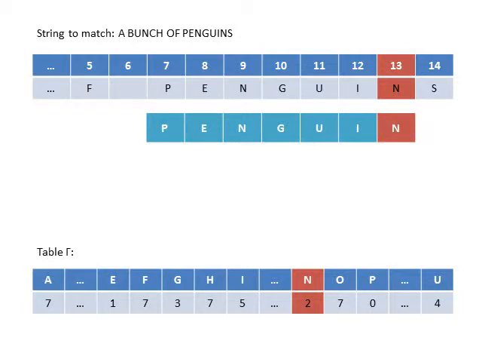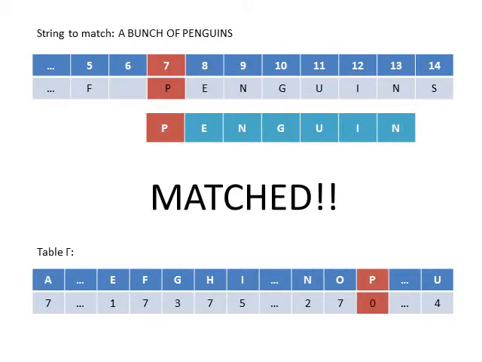Now we compare the last letters, and if they match, we keep moving on to the previous letter until we find a place where it does not match or where we've matched the first letter. As you can see here, we have matched the word penguin. However, I'm going to continue this video until we have matched the whole string, just in case there are any other occurrences of the word penguin.